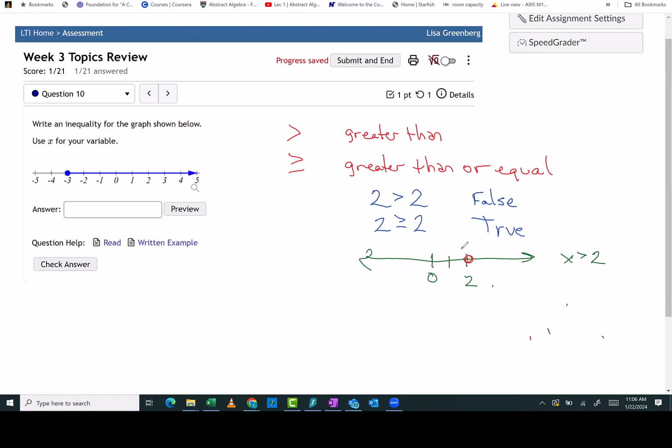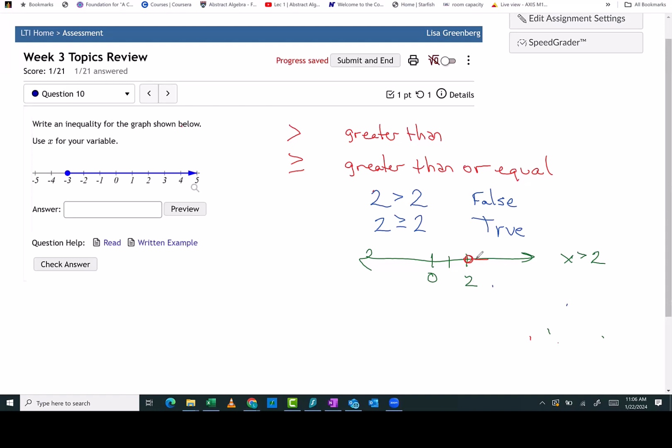But I don't know what the closest number to 2 is. If you say 2.1, I say what about 2.01? Then 2.001? We could do that forever because there is no closest point. So it starts right after 2, but not including the number 2.